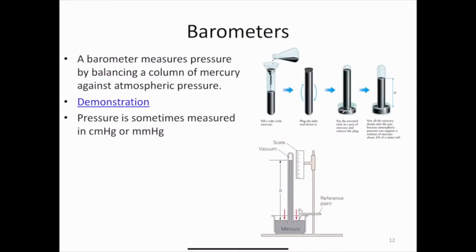Okay, now the next thing that we're going to talk about is how do you measure atmospheric pressure. A device which measures atmospheric pressure is called a barometer, and barometers have been in use for a very long time, since the mid 1700s. The first barometer was invented by Torricelli, and the way it works is the following.